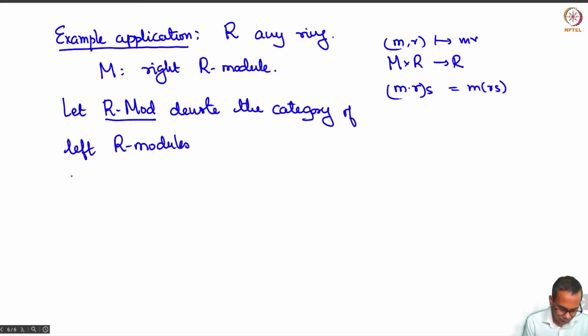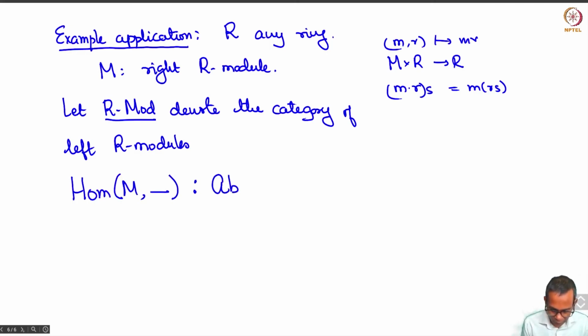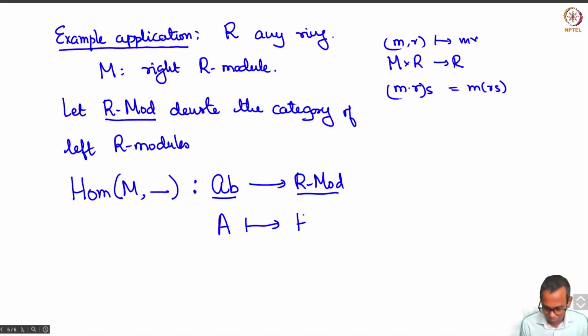Now there's a functor, I'll call it Hom(M, -). This is a functor from the category of abelian groups to the category of left R modules, which does the following. It takes an abelian group A and maps it to group homomorphisms from M to A.